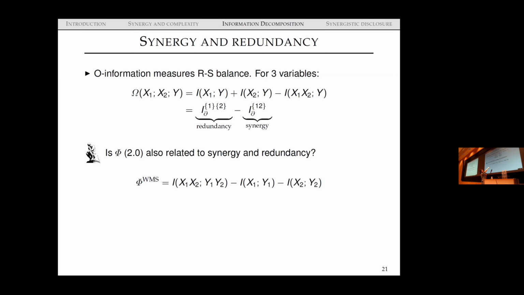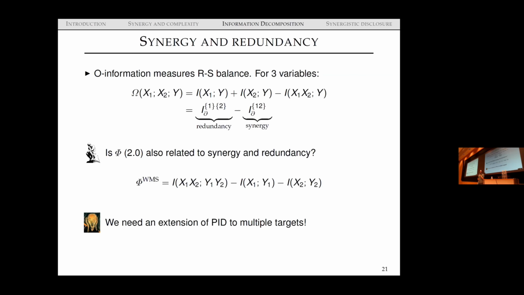So again, you have how much you can predict the future of the system based on the past of the system, minus how much you can predict if you sum these 2 things on their own. So this thing looks a whole lot like that thing, except not quite. But it does beg the question of, is phi also related to synergy and redundancy? And how can we do that?